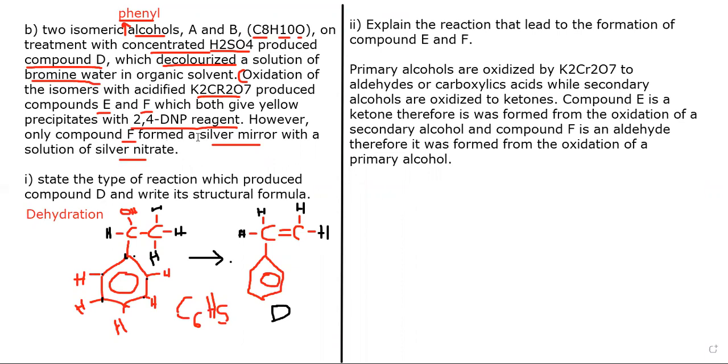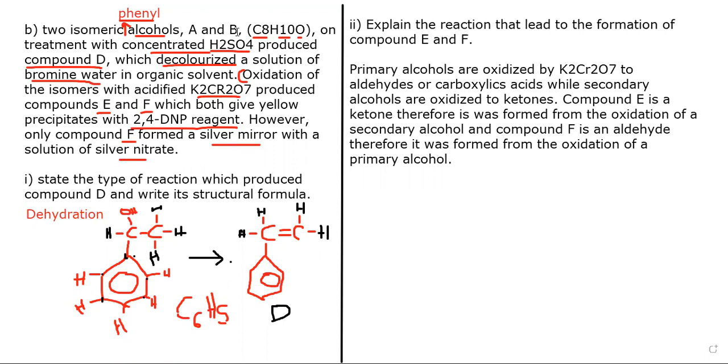But compound F formed a silver mirror, which makes it the aldehyde. So explain the formation of E and F. We have two alcohols here, A and B. Obviously, one of them is a primary alcohol, one of them is a secondary alcohol.